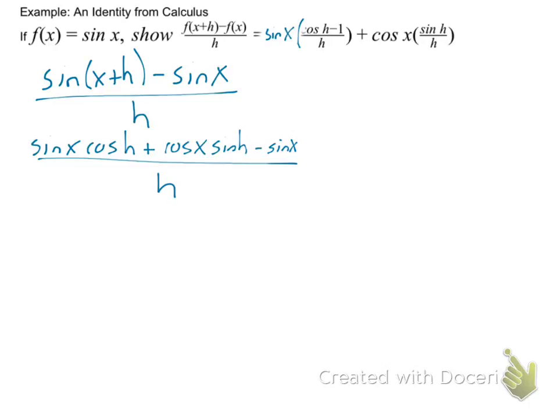So, how are we getting some of this stuff? They want sine of x times cosine h minus 1, all over h. It almost seems like they have a common denominator. If you think about this a little bit more, does it matter that the h is underneath the cosine h minus 1?